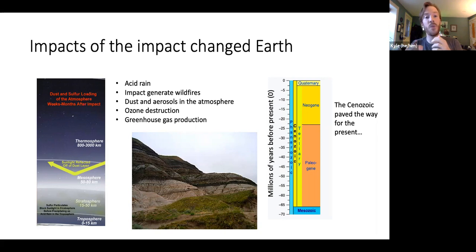And this is when life as we know it started to evolve into what we see in present times. And so the Cenozoic has lasted from basically right when the Chicxulub impact happened up until around present times.